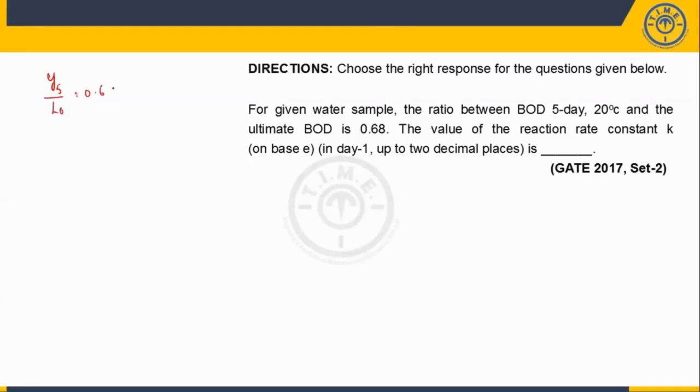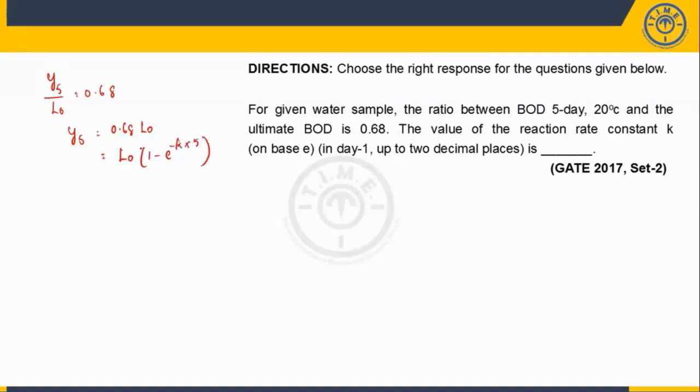Yes. Can I write Y5 equal to 0.68 times L naught? Yes, sir. But we know the equation for Y5, what is it? L naught into 1 minus e power minus k into t, t is 5.